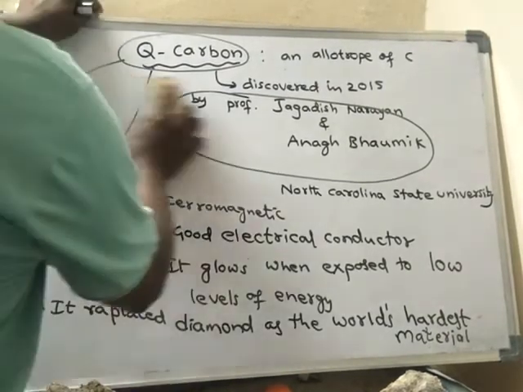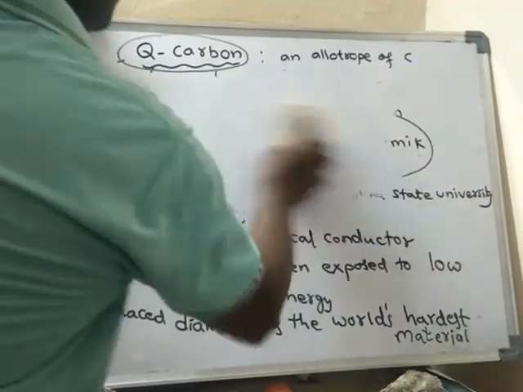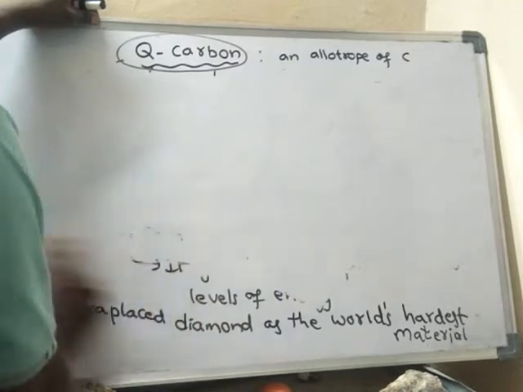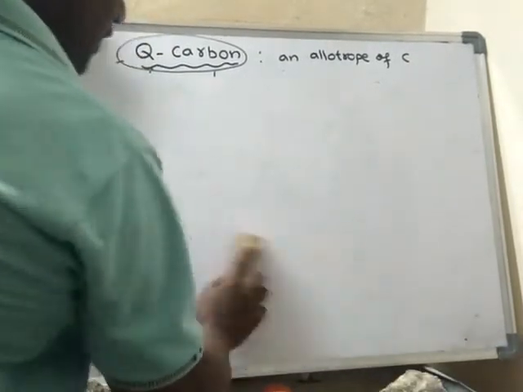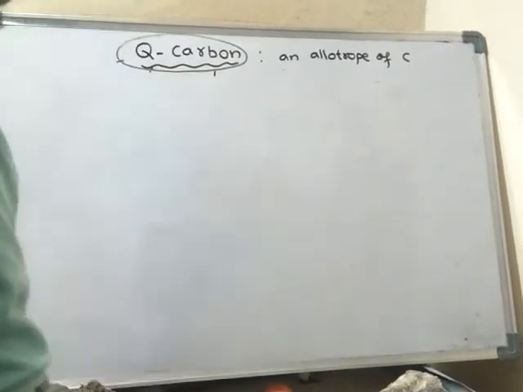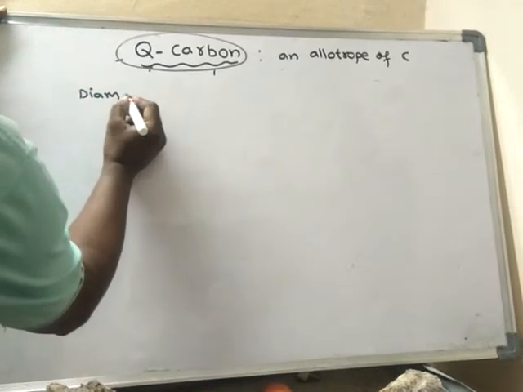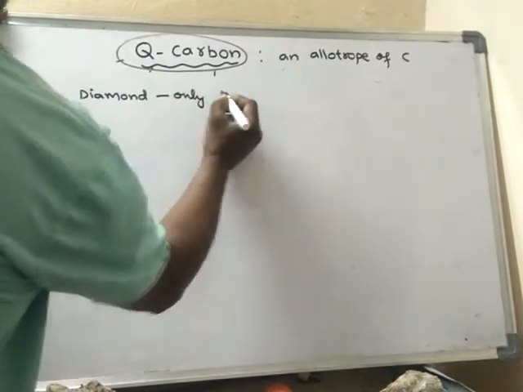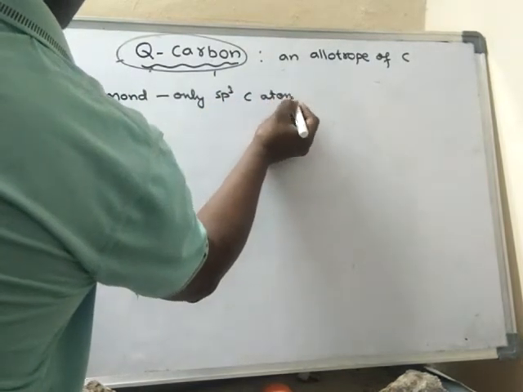Actually, Q carbon contains only carbon atoms, but unlike other substances. In diamond, only sp3 carbon atoms are there.